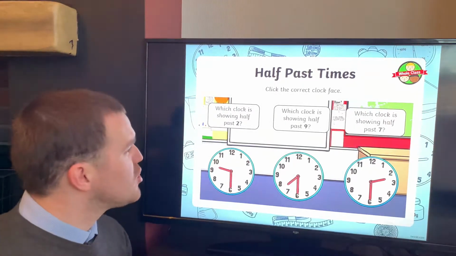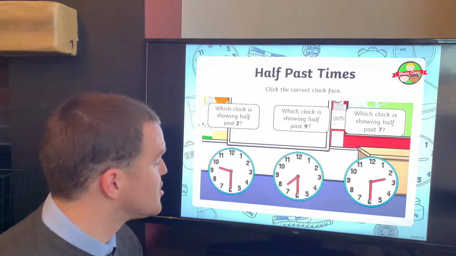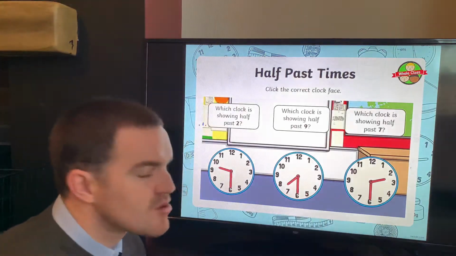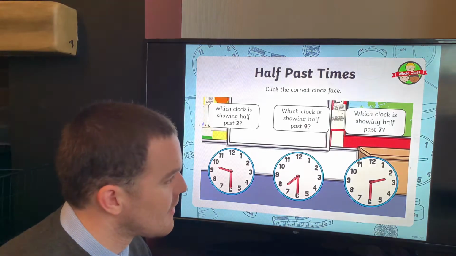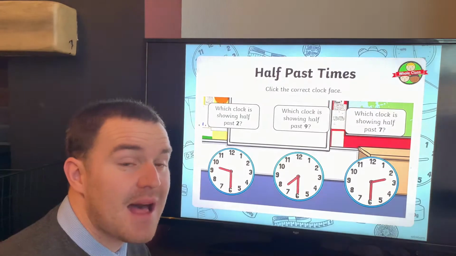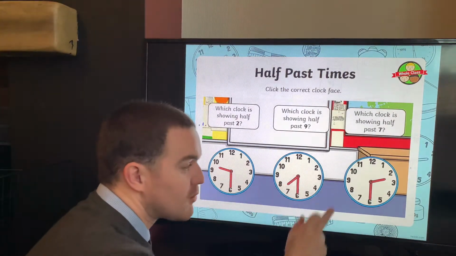So which clock is showing 2:30? I've got 3 clocks here. Which one do you think is showing 2:30? Well, they all have half past time, so that's going to be easy. The important thing we need to look at is the hour hand and where it is.